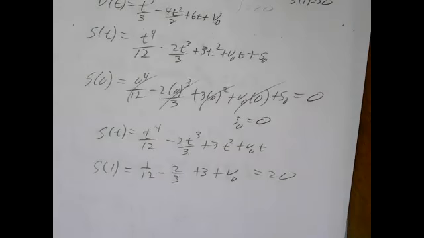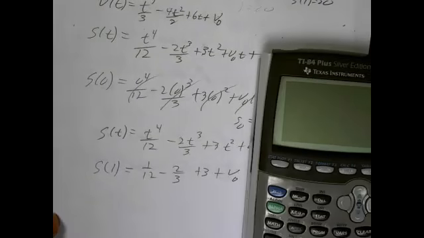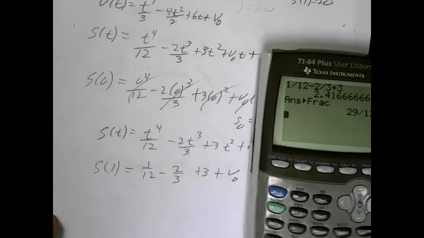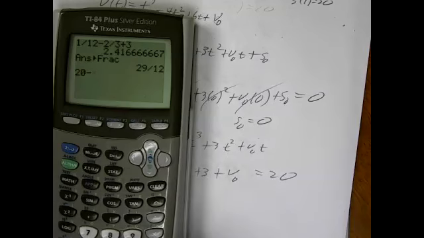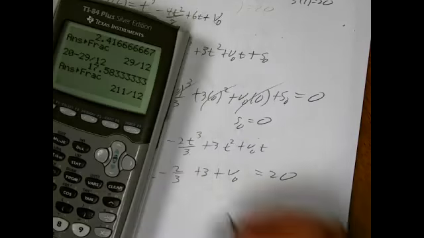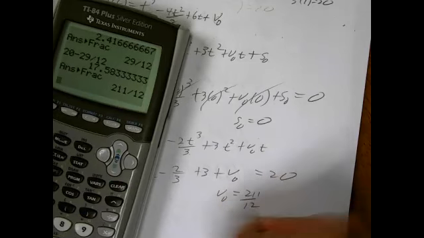All right, because I'm feeling a little bit lazy, I'm going to take 1 over 12 minus 2 over 3 plus 3, turn it to a fraction, and I get 29 over 12. And then I'm going to take 20, subtract 29 over 12, turn it to a fraction, and what I find is that v naught is 211 over 12.